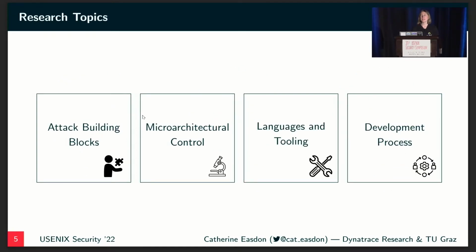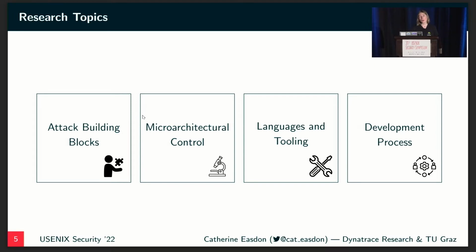Firstly, the attack building blocks, so the core snippets of code that are being used to implement these attacks. And obviously every attack is slightly different, but we found there were some common building blocks that were occurring again and again. For example, high resolution timers, cache attack primitives, the ability to modify page tables. Secondly, we also looked into microarchitectural control and techniques that people have developed for fine-grained control so that we can have reliable attacks, reliable experimental results.